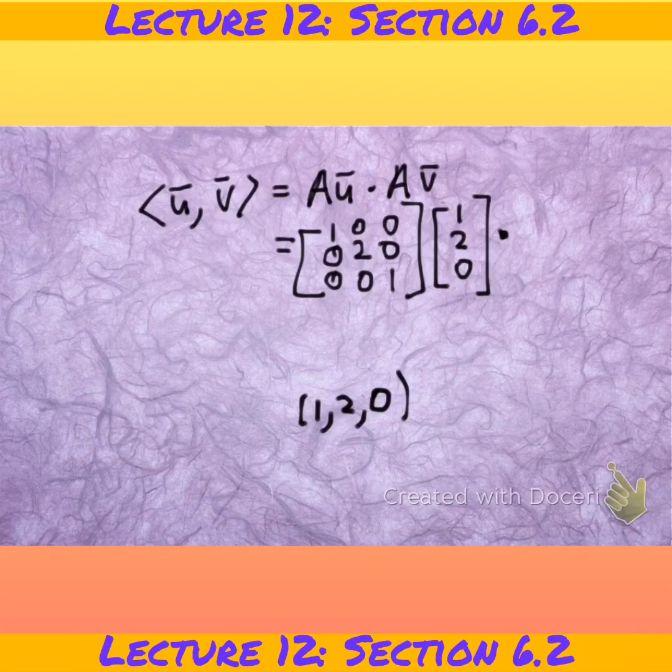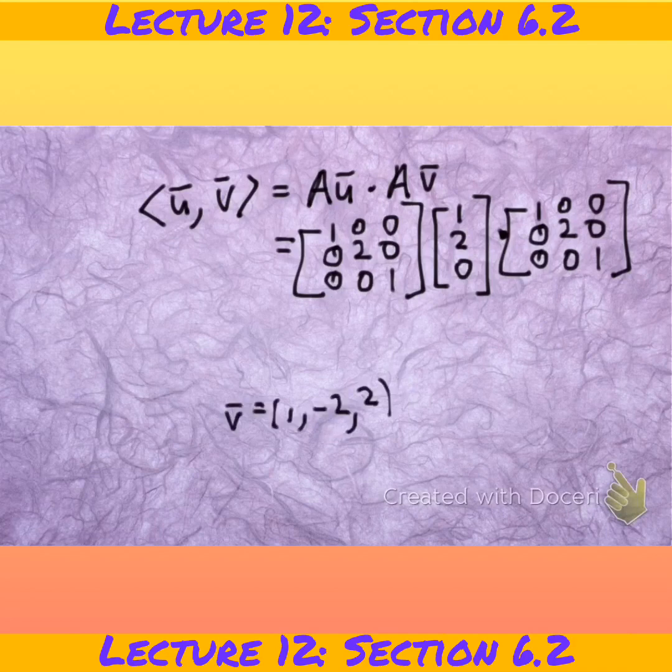And how do you get that column vector? You take that and you multiply it with the other vector V. And the vector V that we have is the vector 1, -2, 2.